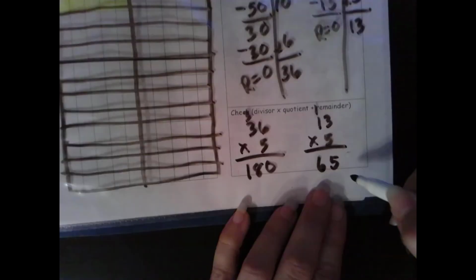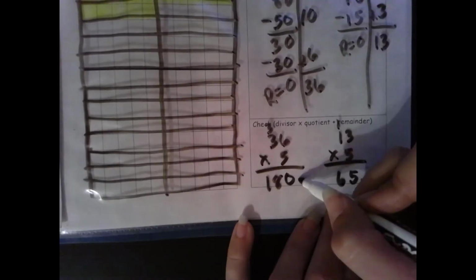So 65, that matches our dividend up here, so that checks. 180 matches our dividend up here, so that checks.